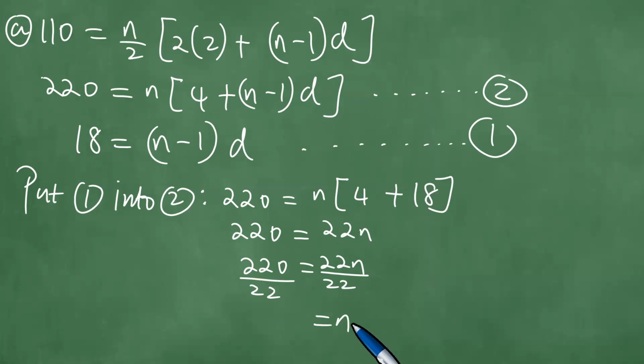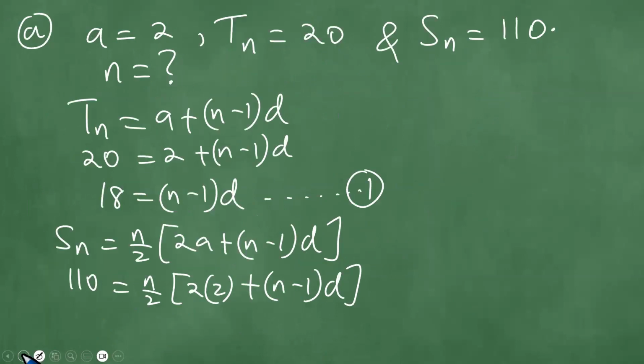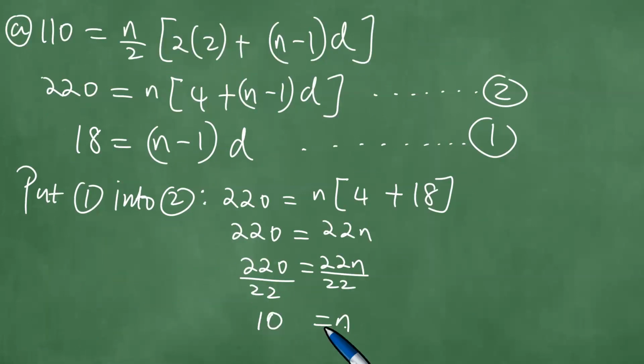What is the answer to this? If you say 220 divided by 22, it's 11. It's 10, excuse me. So we have exactly 10. So we got that n is 10, and then now we need to solve for d. What is the number of terms?